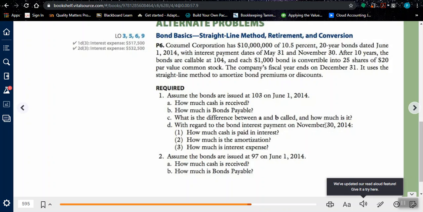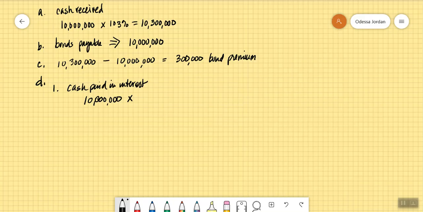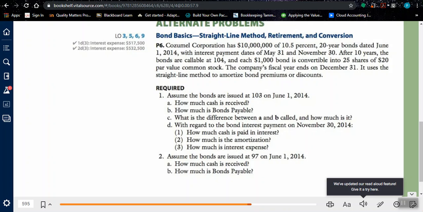Let's see, hold on. Let's see, where's the 105 come from? How much cash is paid in interest?